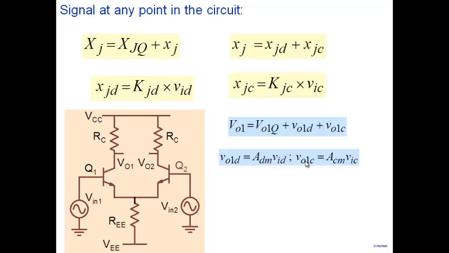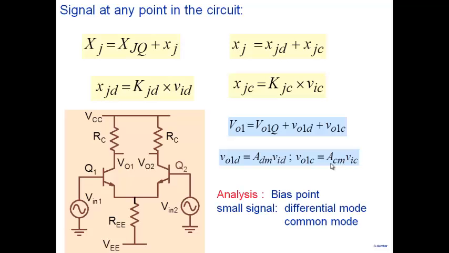And the common mode output voltage will be related to the common mode input through a common mode gain. Alright, so note that the total analysis involves the bias point, and the small signal, which is differential mode and common mode. Everything is made up of these three parts here. So let's not forget this part here.